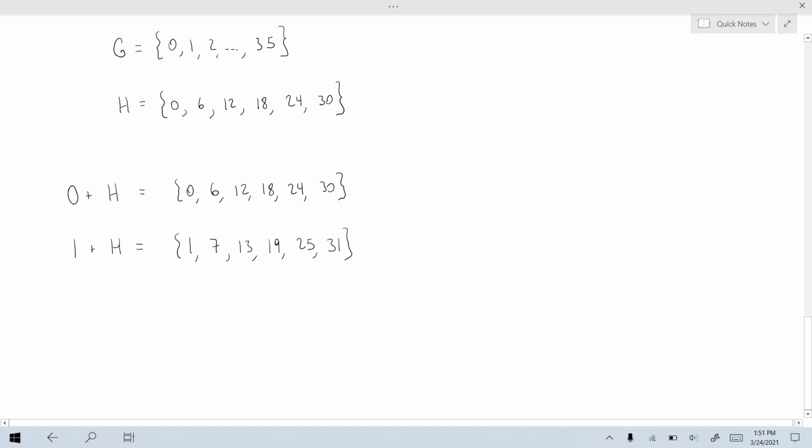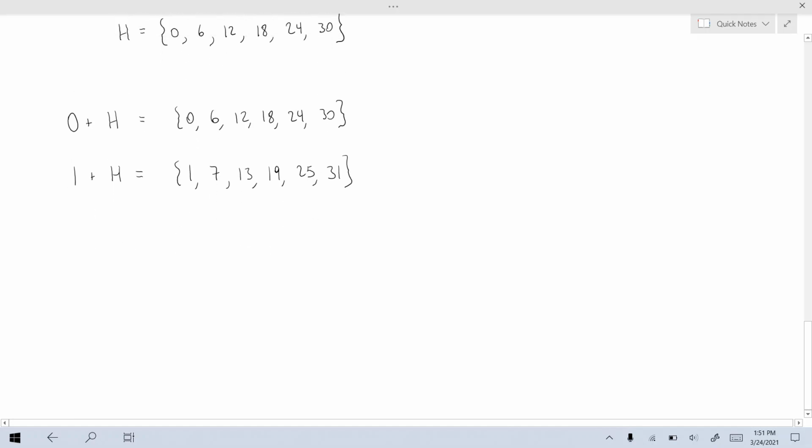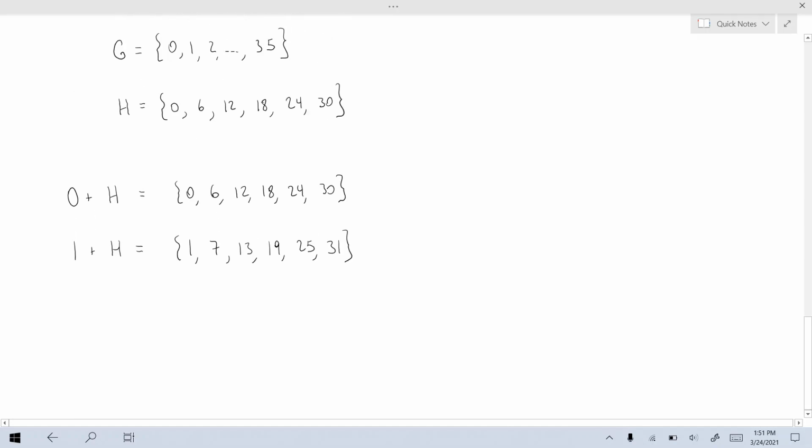All right, now we have 2 cosets. Do we have all of the elements of our group G accounted for yet? The answer is no. So I have 0 and 1, but I'm missing the number 2. So we can take 2 and add it to everything in H to get another coset.